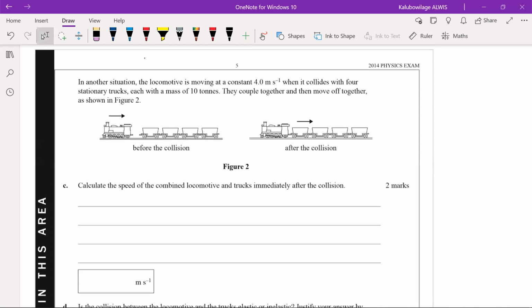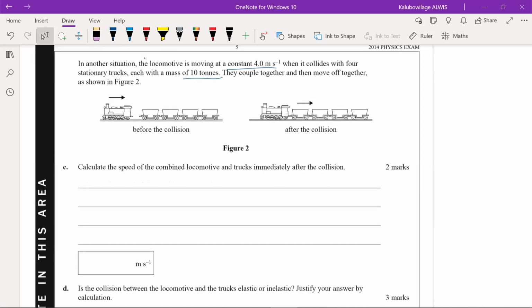The locomotive moves at a constant 4 meters a second when it collides with stationary trucks, each with mass 10. So this is a momentum conservation question. P initial equals P final, M1 U1 equals the total mass times V1.